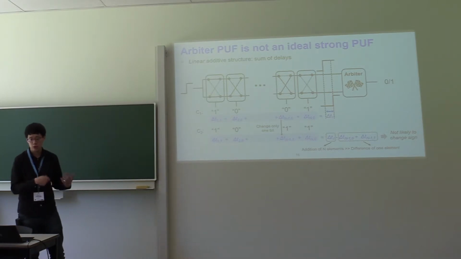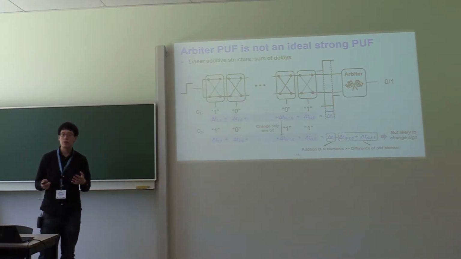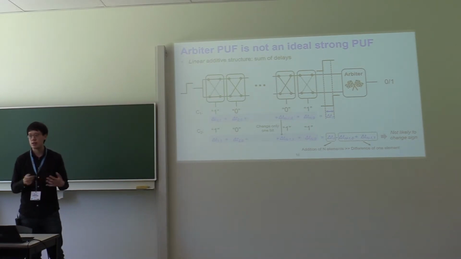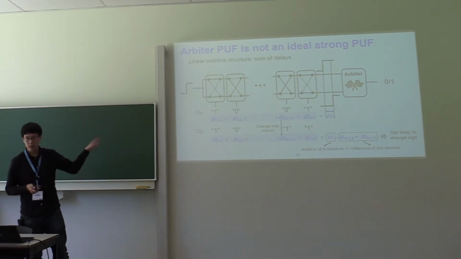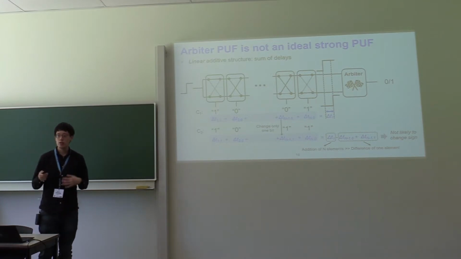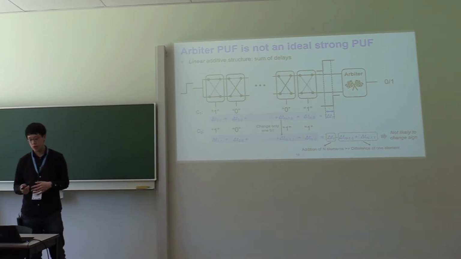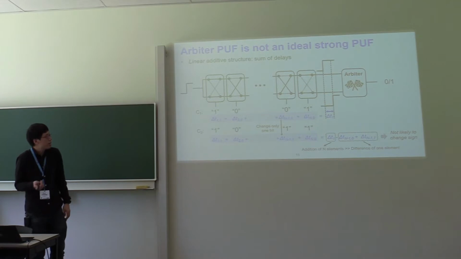So if you change only 1 bit, the outcome of this strong PUF is more likely to be the same as the original one. So in these implementations, the challenge-response pairs are not actually uncorrelated, and it cannot be an ideal strong PUF.